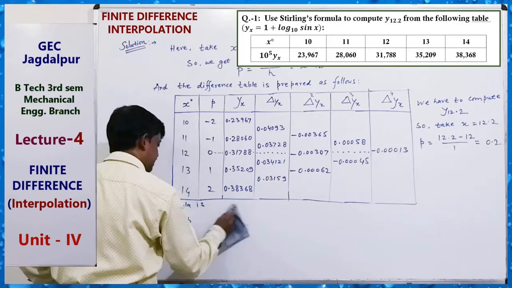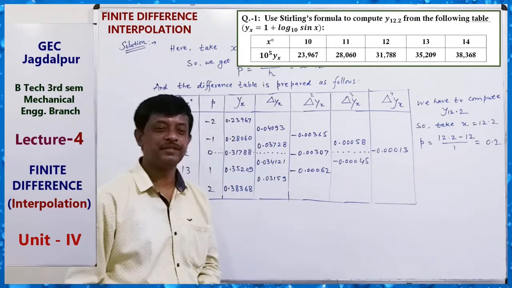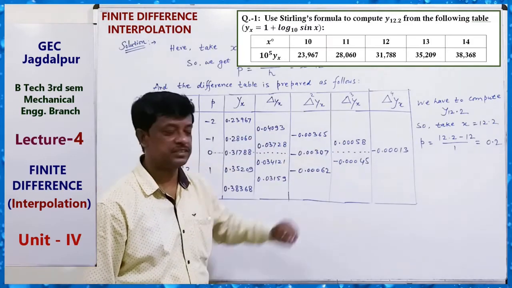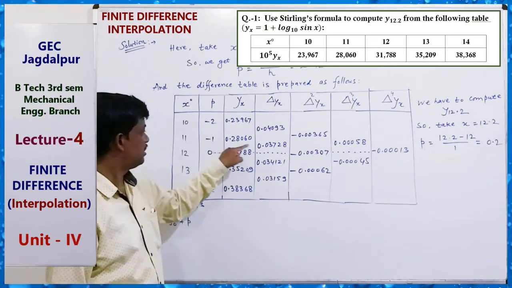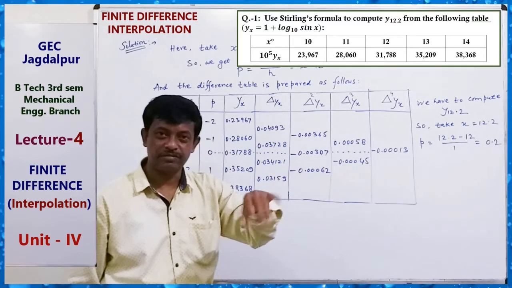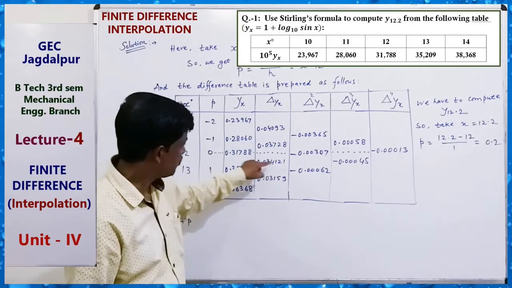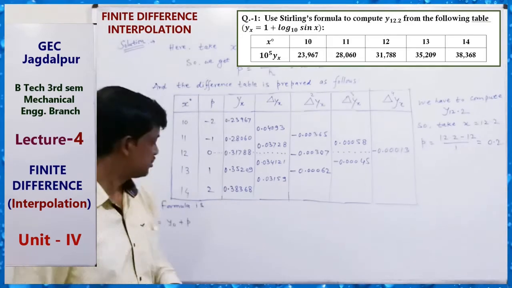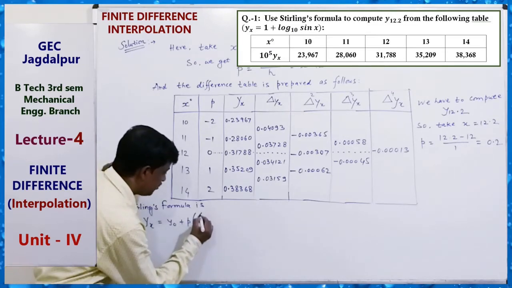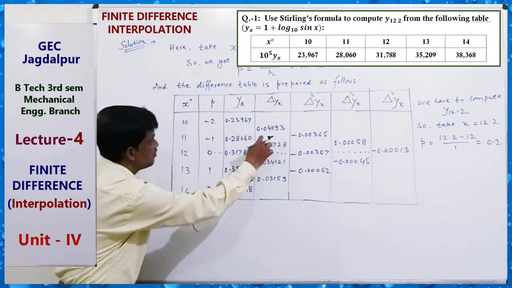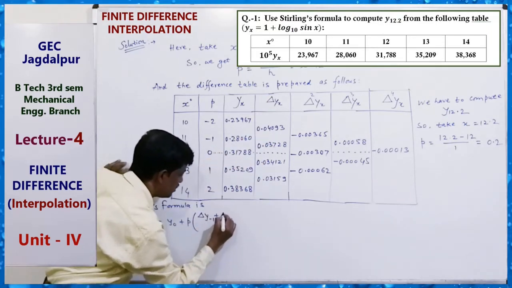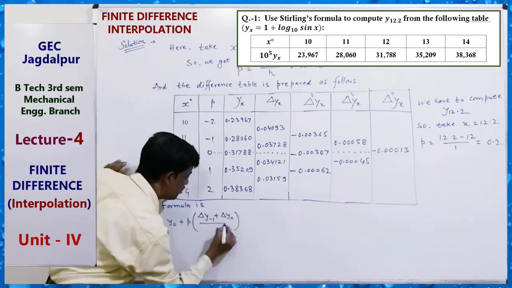Just for remembering: y0, then the average of this, the average of this. This is y at minus 1, and all the differences are y at minus 0. So the first difference average is p times (del y minus 1 plus del y 0) upon 2.